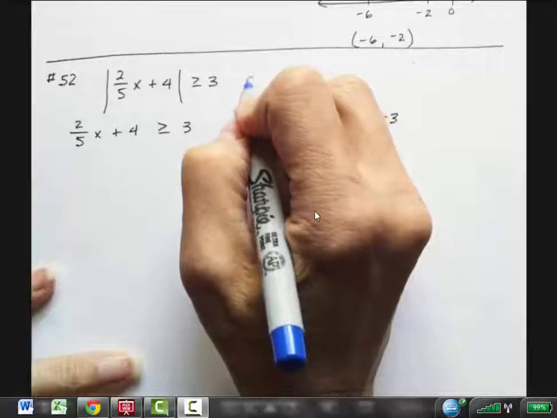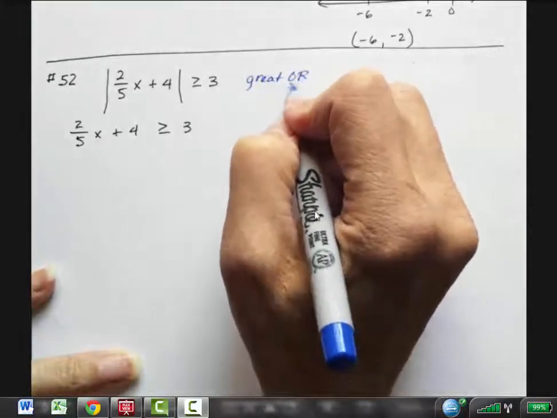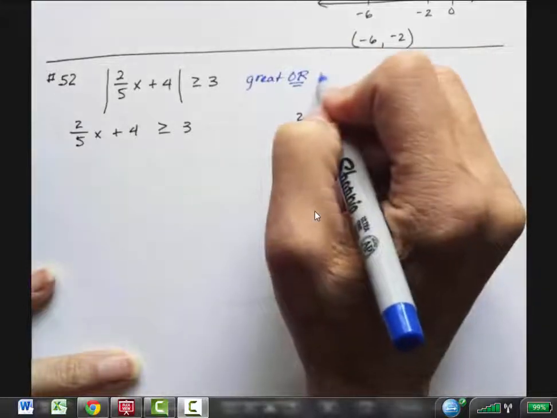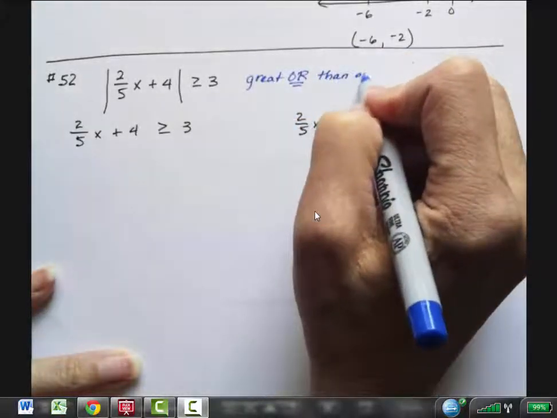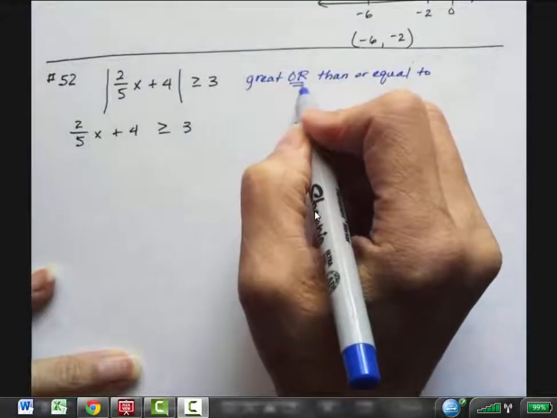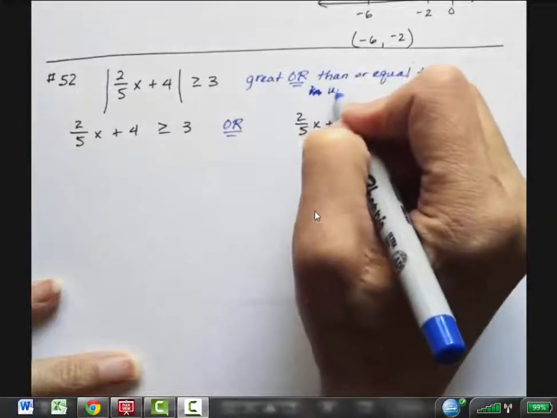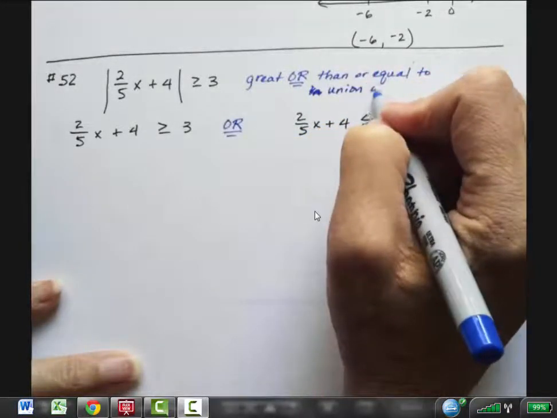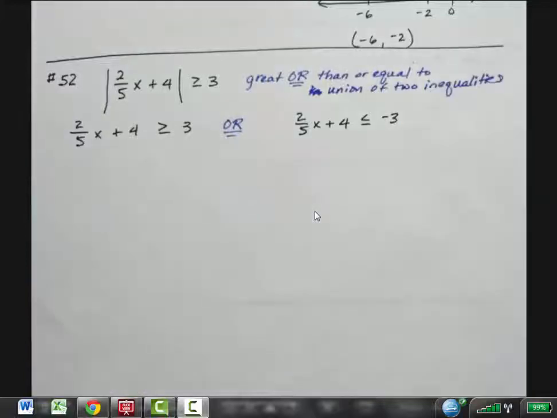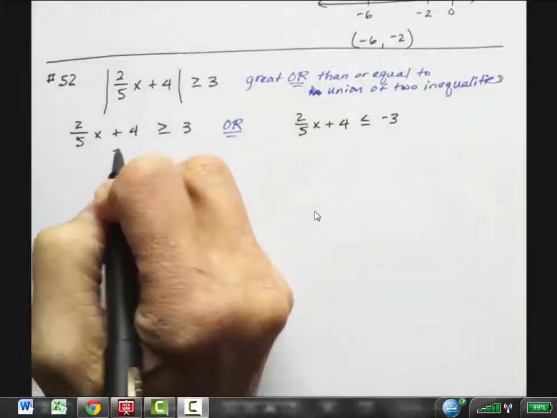So this tells me that I have an or inequality, which means I'm going to be looking at the union of 2 inequalities. So going ahead and solving, I'm going to subtract 4 from both sides.